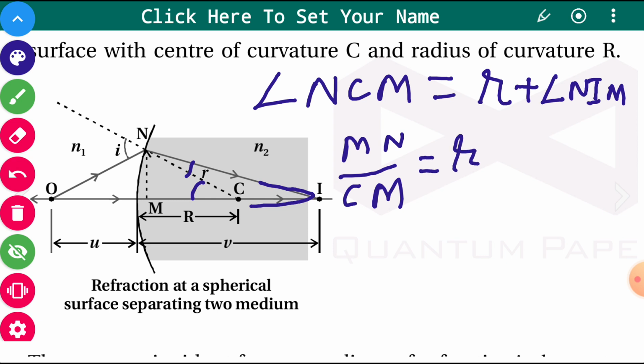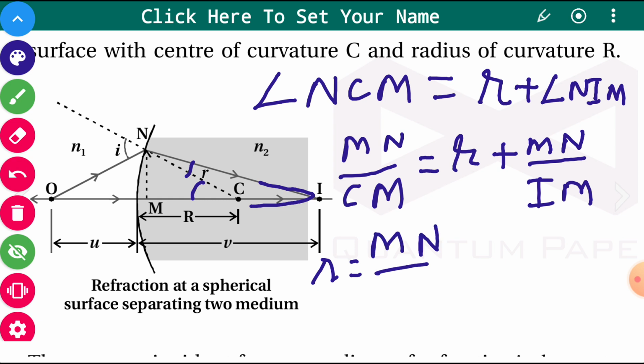And we have NIM. What is NIM? It is MN upon IM. So angle R can be written as, we have written already I, angle R we are writing now, it is MN upon CM minus MN upon IM.